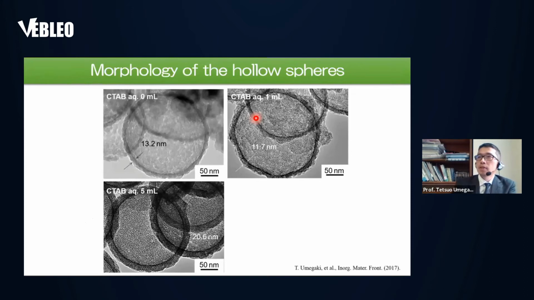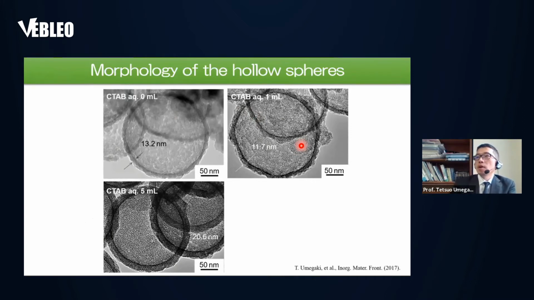Morphology of these samples was confirmed by TEM images. From these images, all the samples consist of spherical particles with almost the same void and particle sizes.